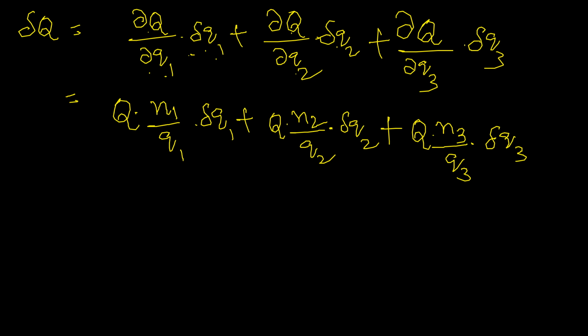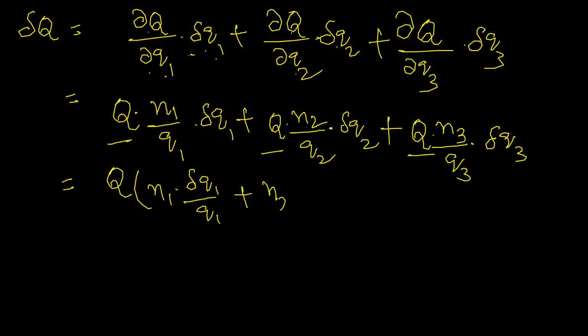Now, throughout this equation, Q is there in every term. So now we can take out Q and rewrite this as Q times n1 times del q1 by q1 plus n2 times del q2 by q2 plus n3 times del q3 by q3.